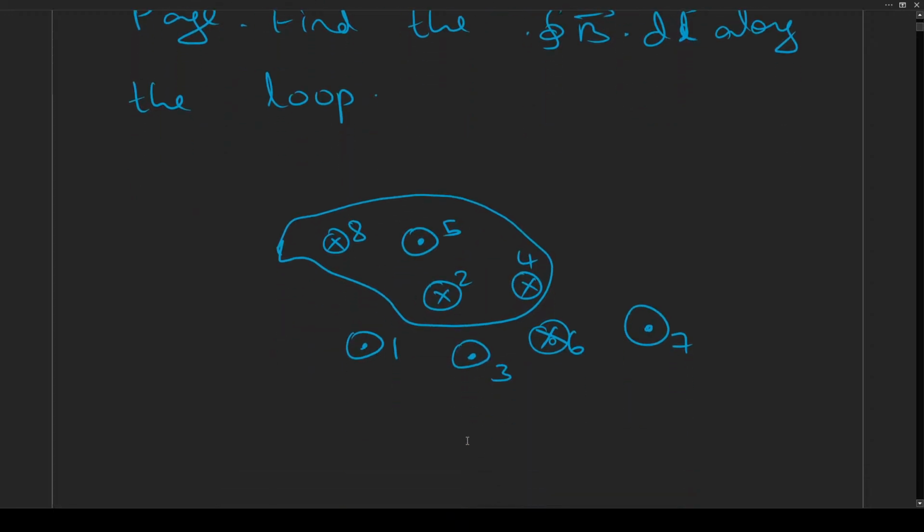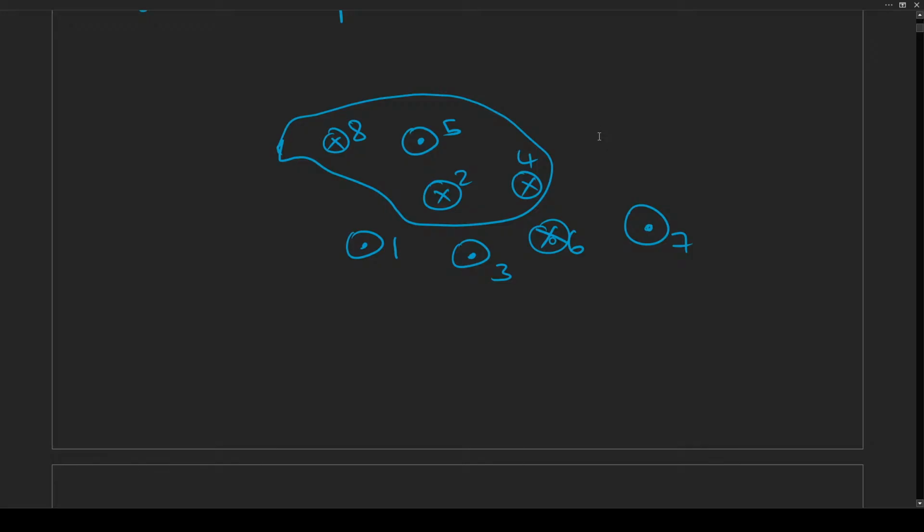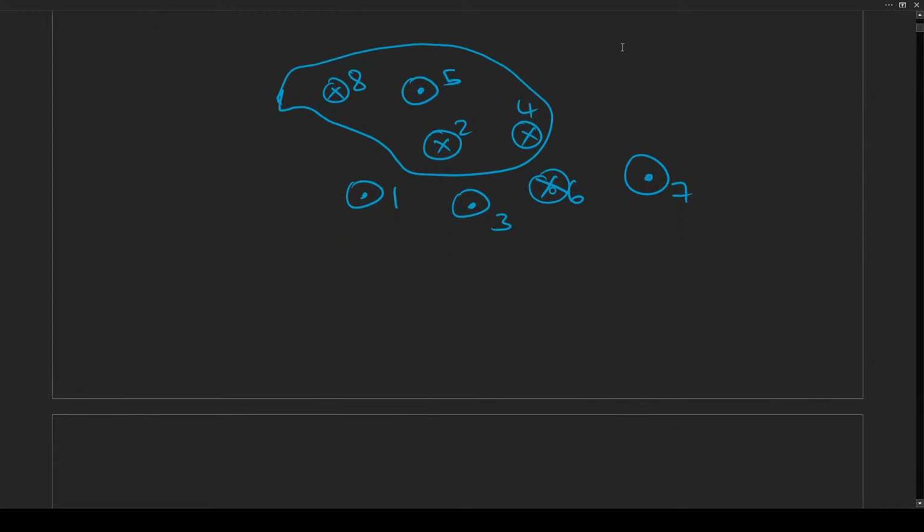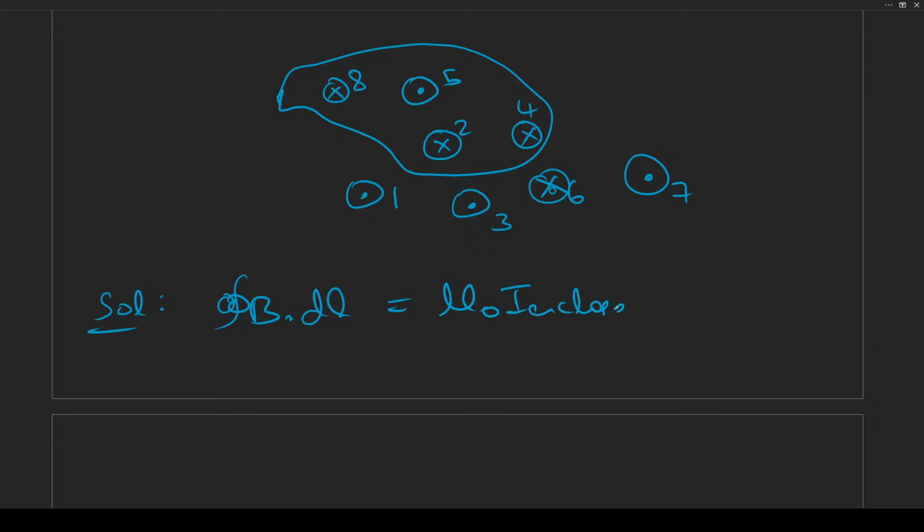Now they are asking finally to find what is the B dot dl integral value, where we know that according to Ampere's circuital law, integral of B dot dl is equal to mu naught times I enclosed.